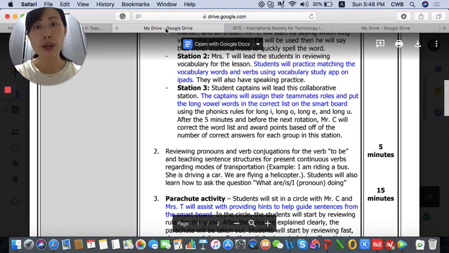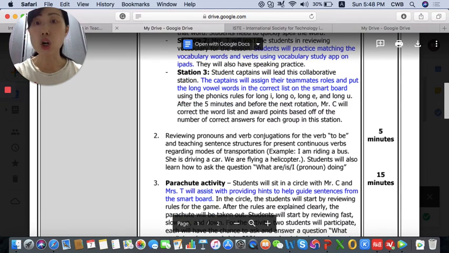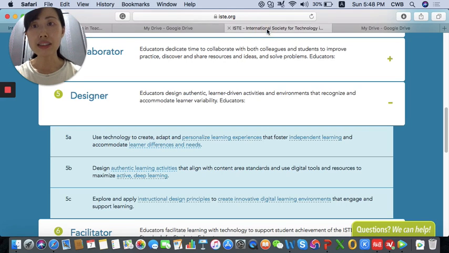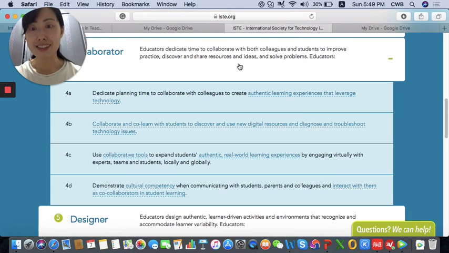Also, there is another parachute activity in which the co-teacher assists with providing hints to help guide sentences from the smart board. Overall, this is a well-designed lesson plan, and I'm sure the co-teachers must have dedicated a lot of planning time to collaborate with each other so that they can create these authentic learning experiences that leverage technologies, which just meet up with the ISTE standard as a collaborator.